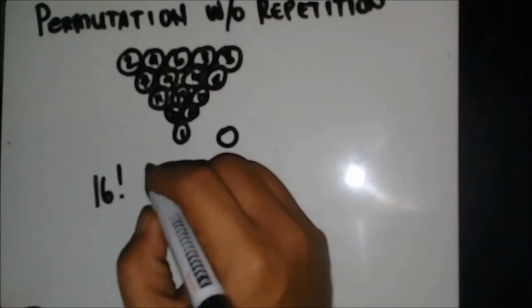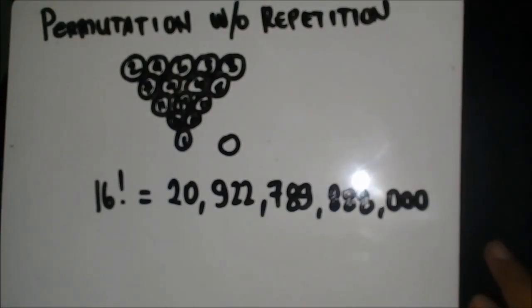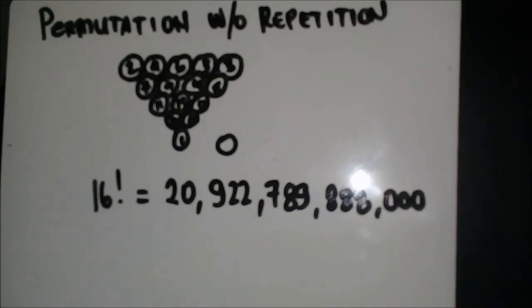And 16 factorial is equal to something like 20 trillion if I read it correctly.